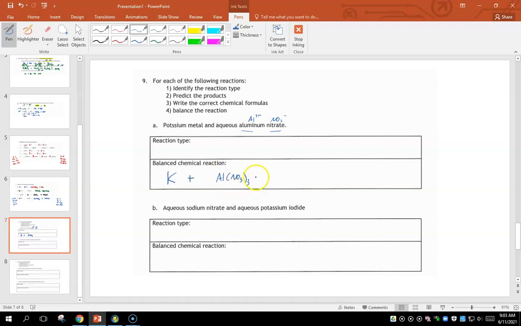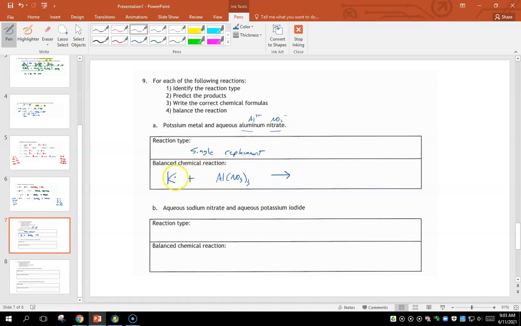And again, if you don't know why I wrote that formula that way, go back and review ionic compounds with polyatomic ions. All right, so I got my reactants. It looks like an A plus BC combo here, so that tells me that this is single replacement.